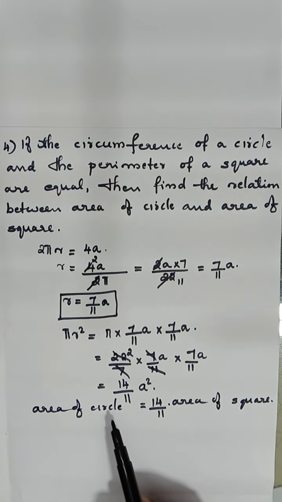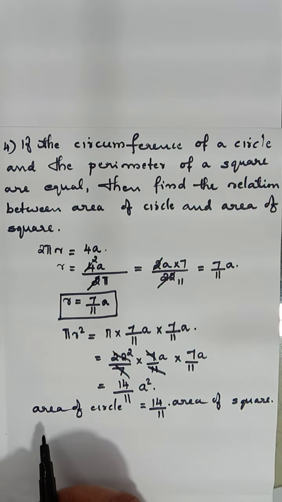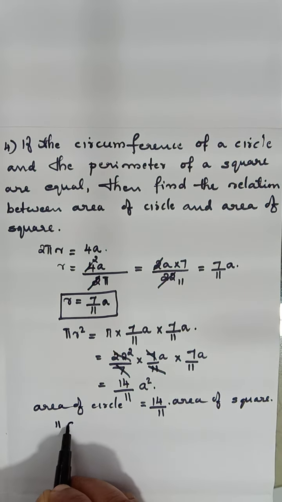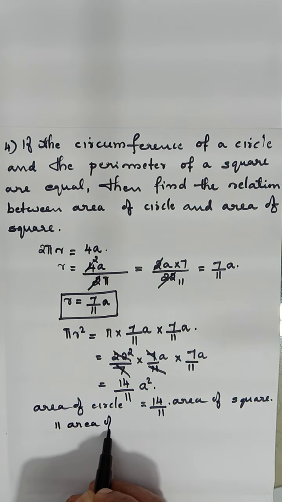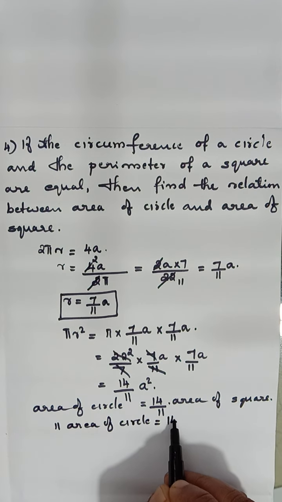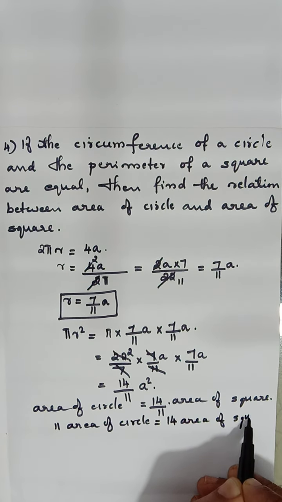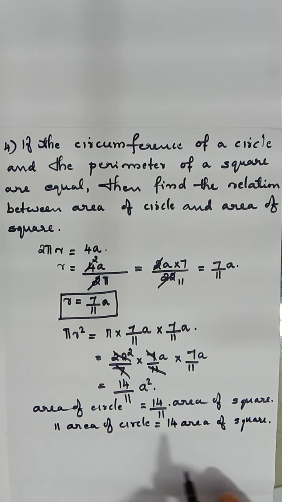Area of circle is 4 by 11 times area of the square. Or when you cross multiply, you will understand 11 times area of circle equals 14 times area of square. This is how you can also write it. Any one of these answers will be correct.